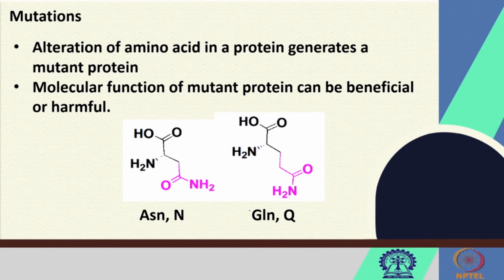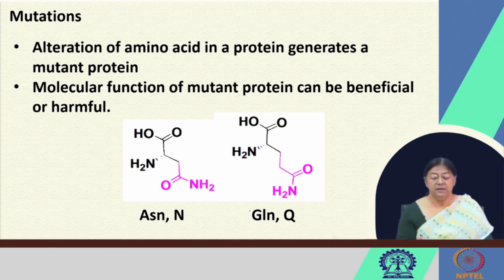The mutation, as I just mentioned, is the alteration of an amino acid that would generate what is called a mutant protein, and the function of this mutant protein can be beneficial or harmful. If we look at a mutation, say from asparagine to glutamine, we wouldn't expect much of a difference, because the characteristics are pretty much similar.